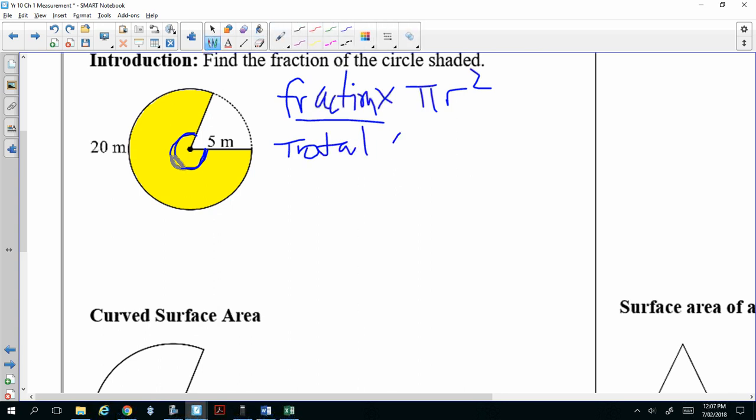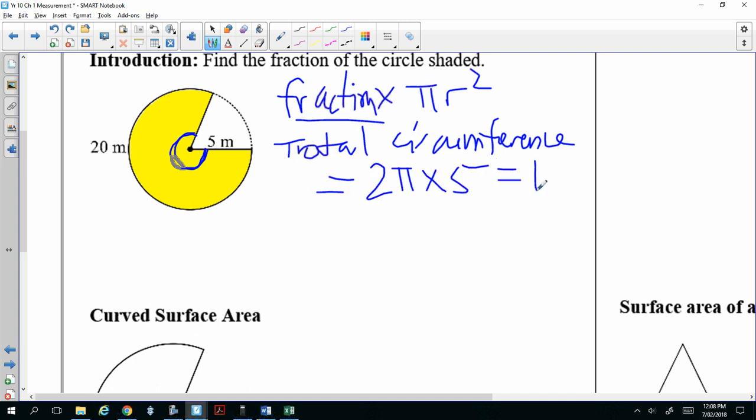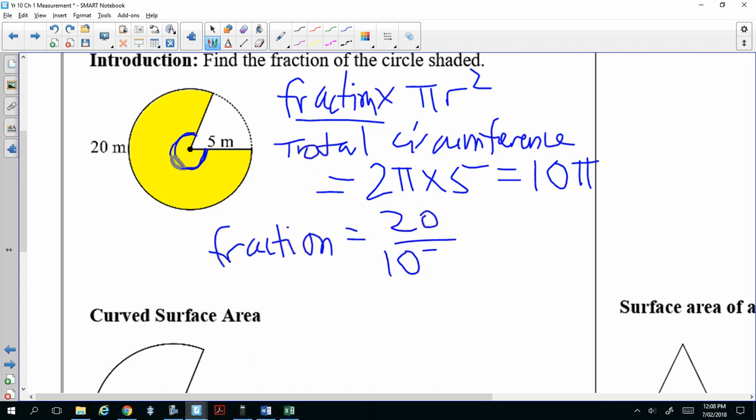Okay, so the total circumference is 2 pi r, which is easy, 10 pi. And then to get the fraction, we just go 20 out of 10 pi, right? 20 out of the total circumference gives our fraction.